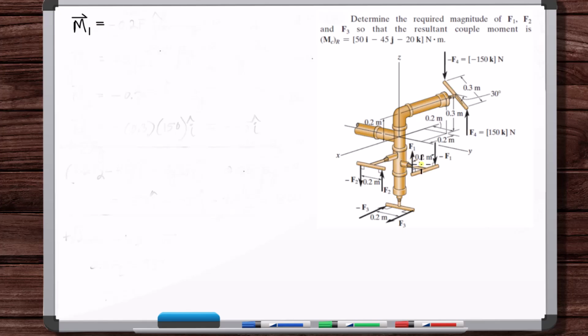Well, we can see that it's going to be in the y direction, along the y-axis. That's the moment vector direction. Now, positive or negative? Put the curl of the fingers of your right hand in the direction of rotation. It's going to be in the negative y direction. So this is negative 0.2 F1 j hat.